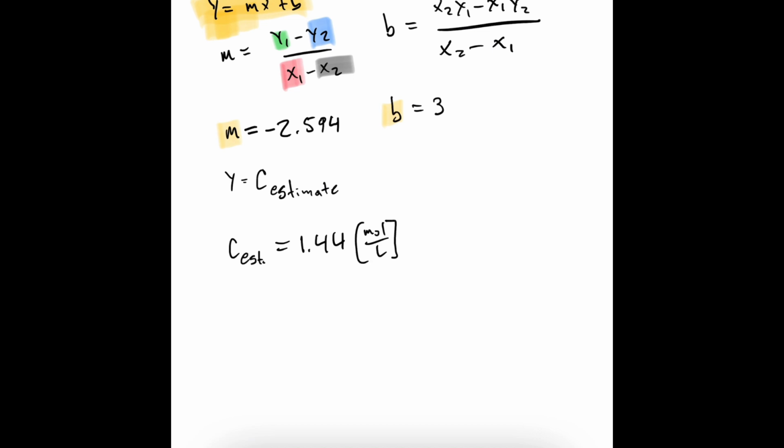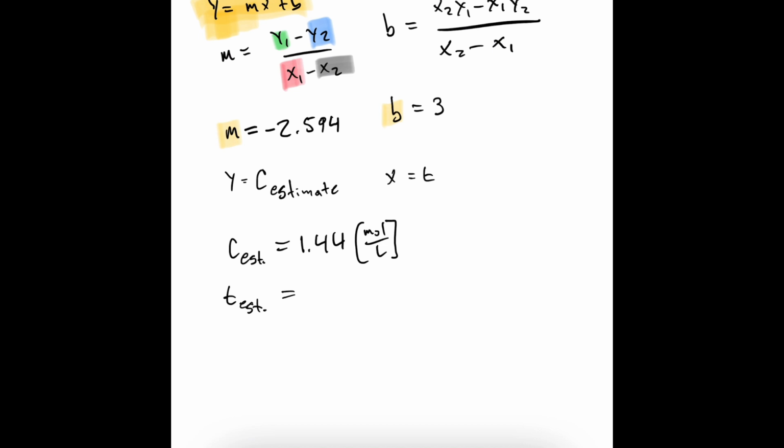And our t estimate, using our function in reverse, so instead of saying x is equal to t, now we're reversing it.